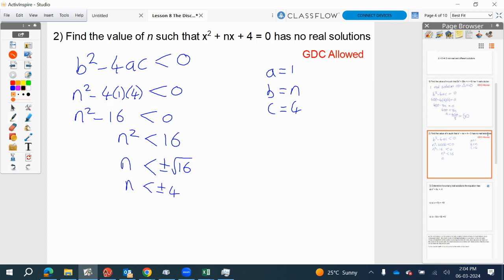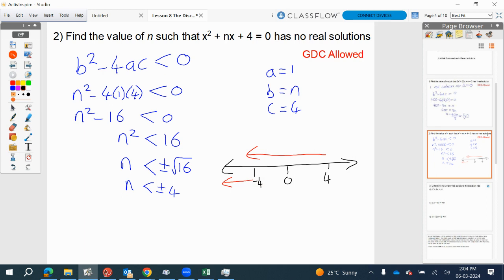Let's look at the number line and see why. So here's the number line. Here's 0. Here's 4. If we have a number on the number line which is less than 4, we have that. If we have a number that's less than minus 4, we have that. It doesn't make sense to have it.